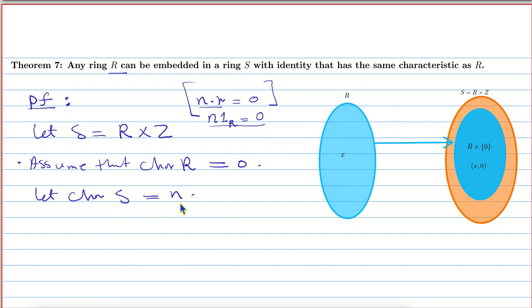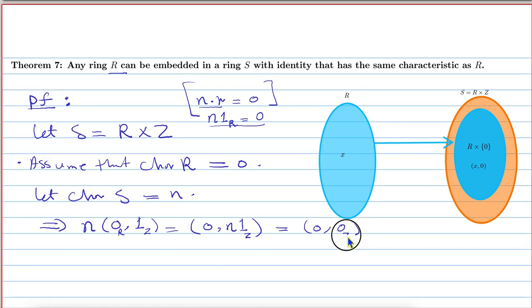Now, characteristic of S equal N implies that N times the identity element of S, which is the 0 of R and the 1 of the ring of integers. So this is the identity of Z, and this is the 0 of R. This equals 0 and N 1Z, and this must equal, of course, 0 and 0.